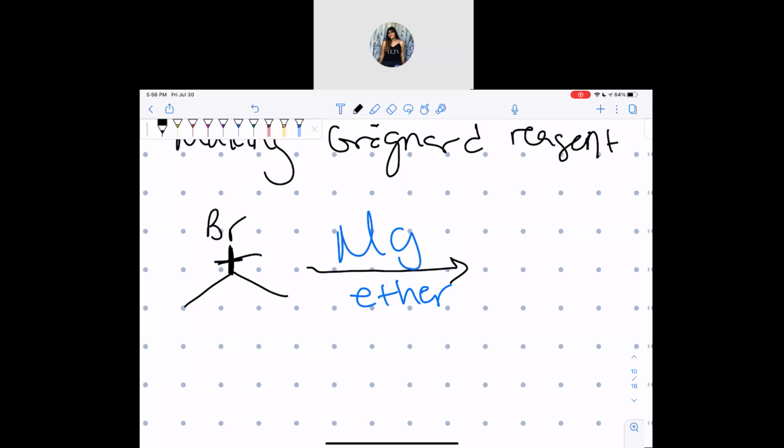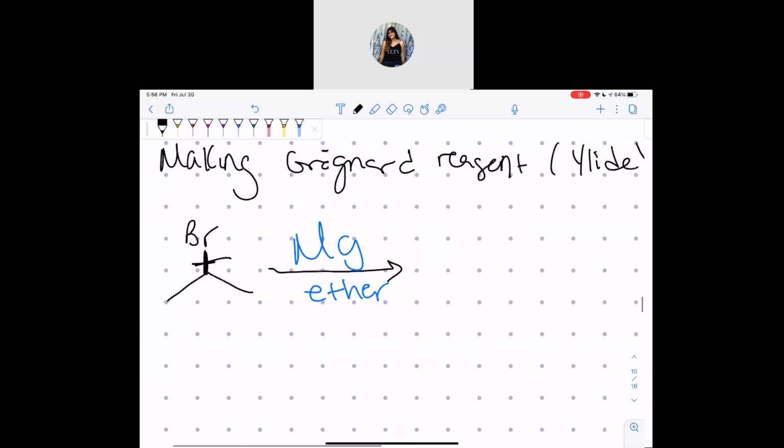So we get our carbon, and our carbon just lost the love of its life. It's so sad. You can see it's a frowny face. It's negative. Very negative. It's not happy. In addition, bromine is sitting there, kind of doing its own thing.